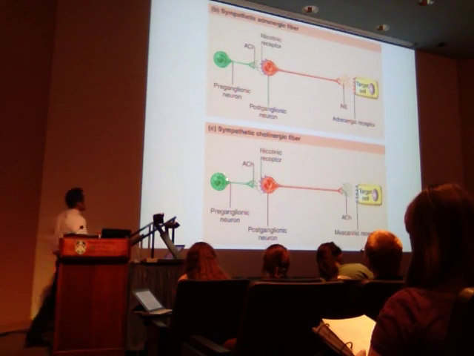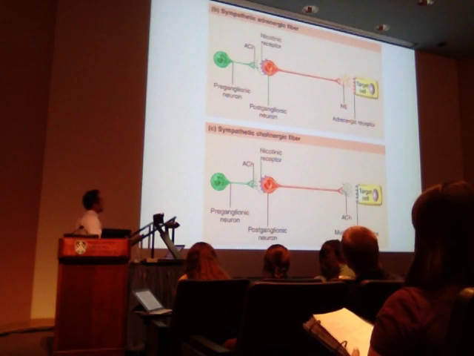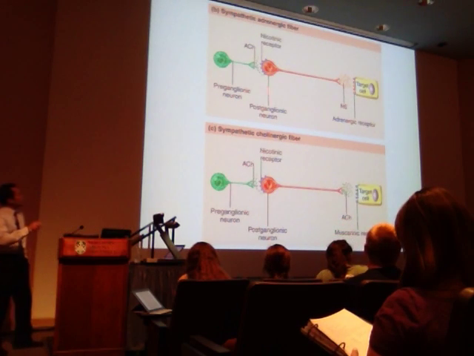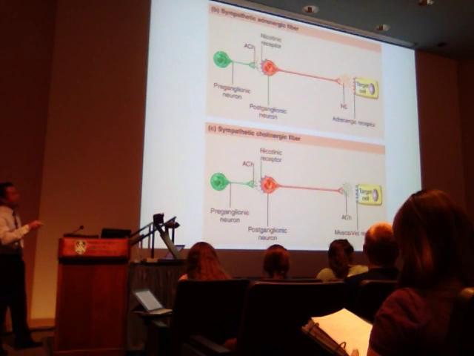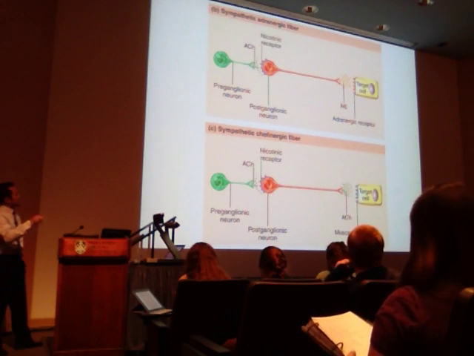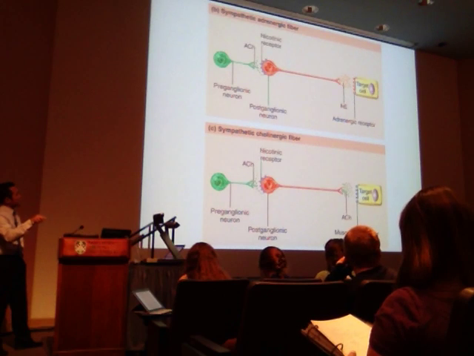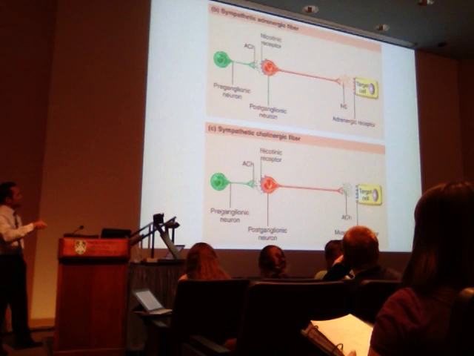So here we've got short and short, we have long and long, but what we alter is the secondary neurotransmitter at the target cell. So we alter norepinephrine up here, and we switch it to acetylcholine down low. So it's norepinephrine to an adrenergic receptor, and it's acetylcholine down here on the sympathetic side to a muscarinic receptor.